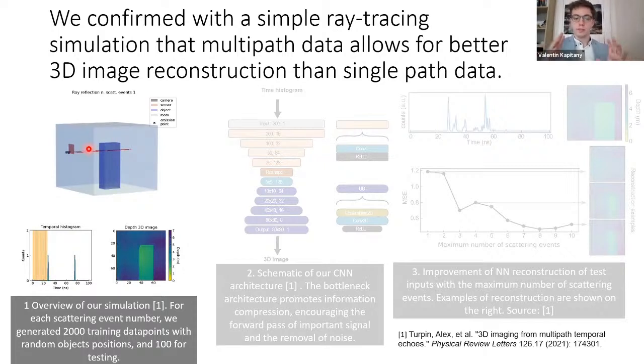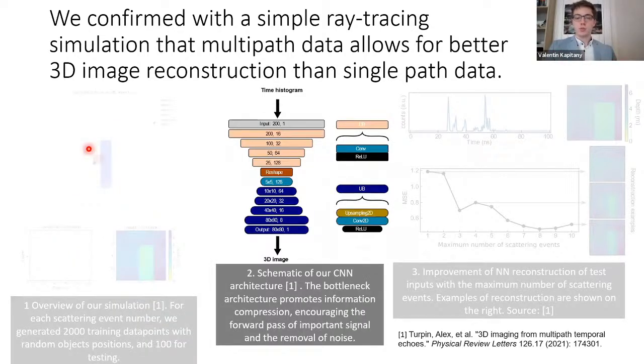Using this simulation, we build up 10 data sets. Each data set is characterized by a specific maximum number of scattering events. For instance, a maximum of 5 scattering events would mean that each of the temporal histograms has up to 5 scattering events. It can have 1, 2, 3, and 4 as well, but it can also have 5 and no more scattering events. For maximum scattering event numbers from 1 to 10, we build up these 10 data sets. Each of them consists of 2,000 object positions for training, 100 for testing.